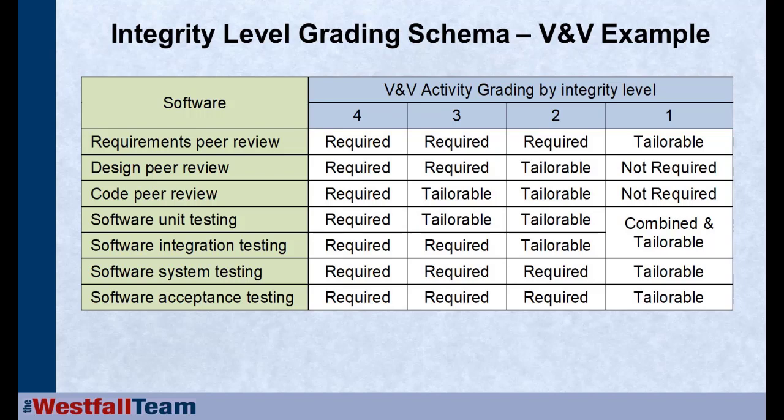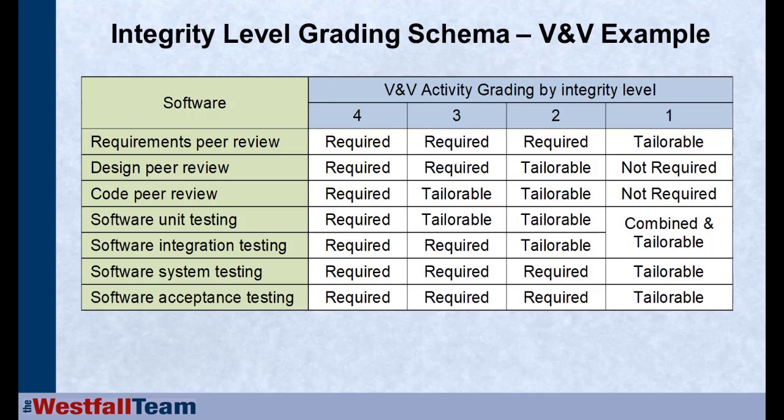As we move on down to the lowest level of integrity, now we can look at planning and using V&V strategies that are lesser required. Maybe you start combining integration and unit testing. Maybe much more of your activities are tailorable, or you may have some activities that would not be required at all.